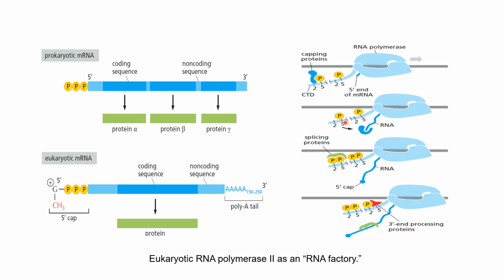If you see here, in the next step, the RNA is synthesized and the phosphorylation at the 5' position is also aiding the recruitment of splicing proteins. In the next step, you can see the same phosphorylation at the 2nd and the 5th position.